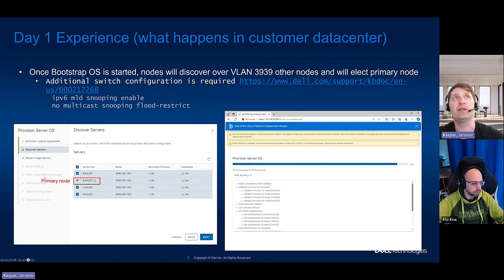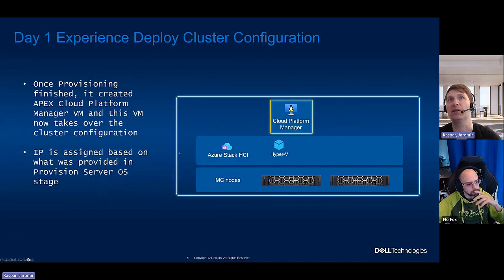You specified the IP address in the previous steps, and it's injected into this running virtual machine. Then you connect to it again with the IP address, and continue with configuring the operating system, providing the same information as you would during the cloud deployment, and basically deploying the cluster itself.